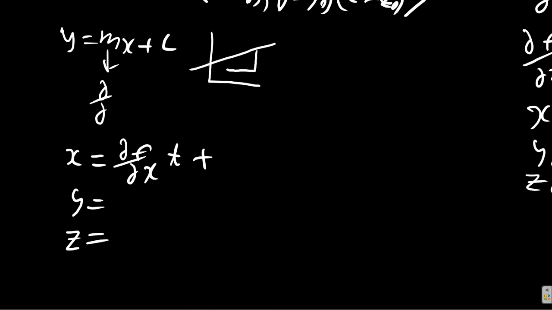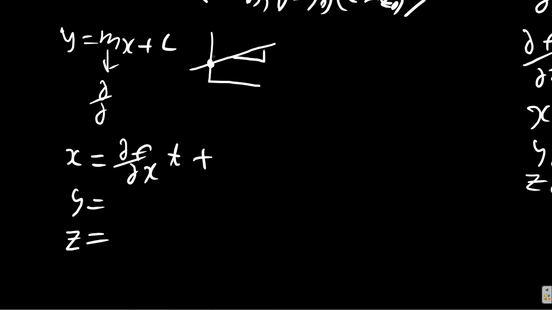Alright, and then the c is the y-intercept. That's a certain point on the y-axis. Now that's a constant as well as the gradient. That's going to be a constant for a straight line. For a curve, it keeps changing.